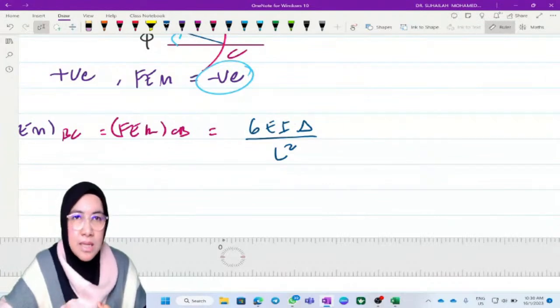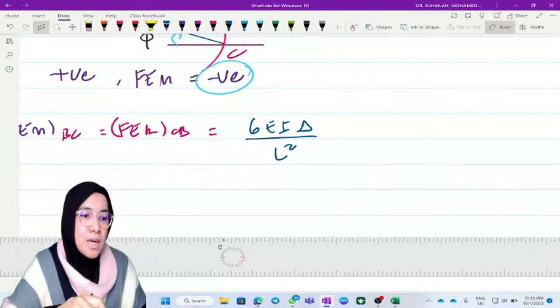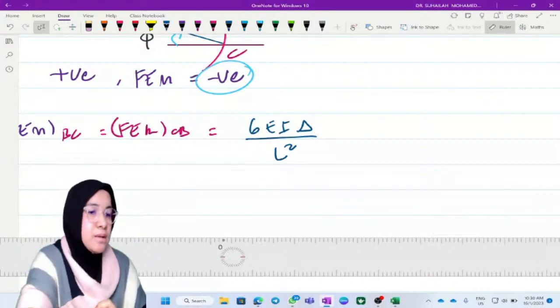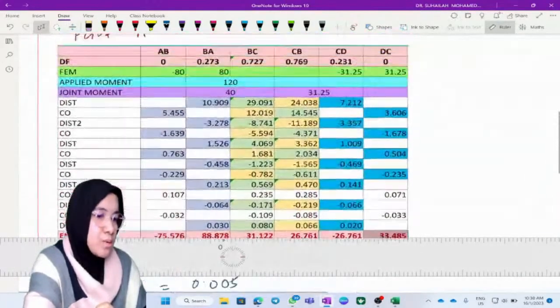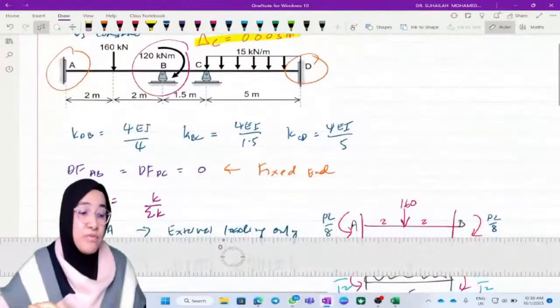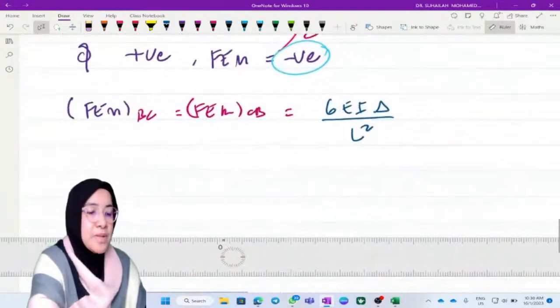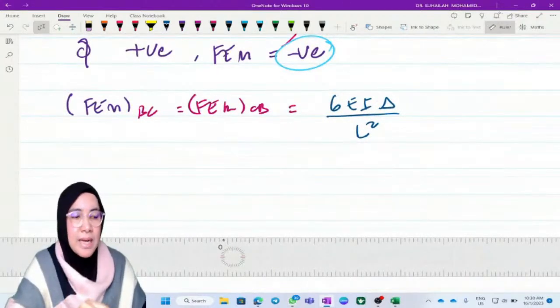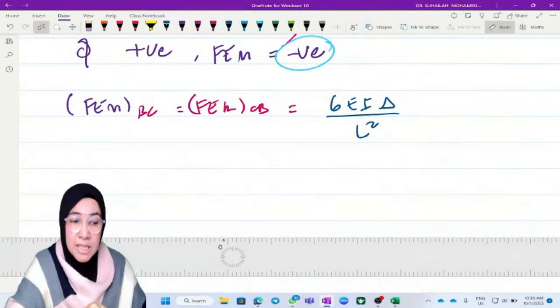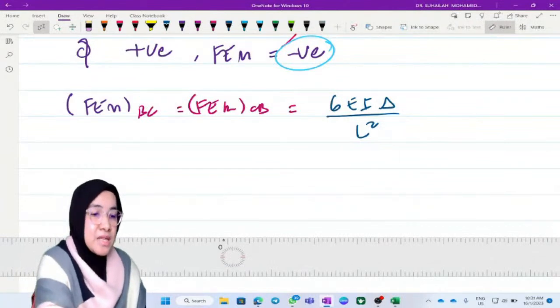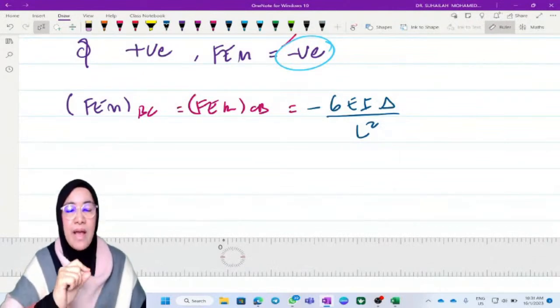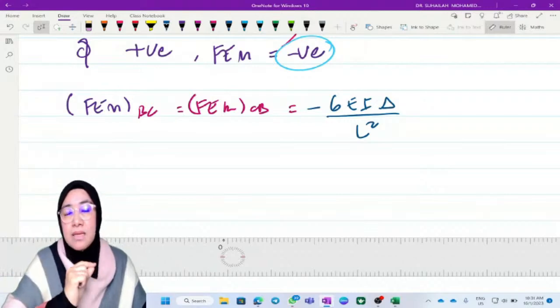Delta is 0.003. What is the L value for member BC? L is 1.5. So we use this formula to calculate FEM for member BC, and it is negative, because the angle is positive.